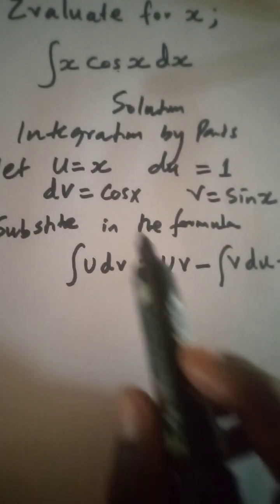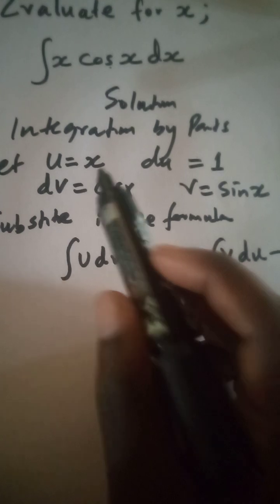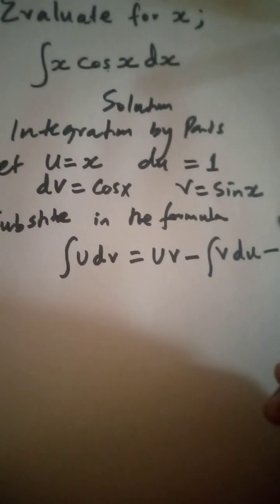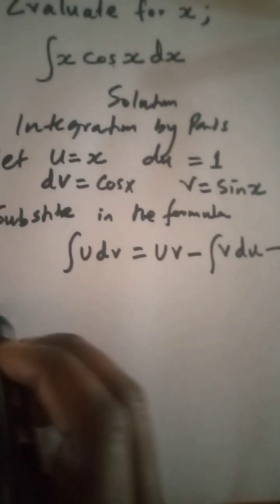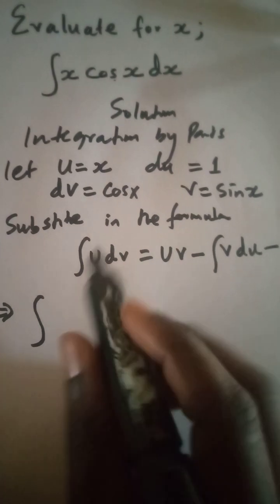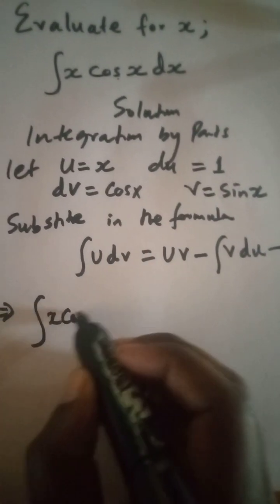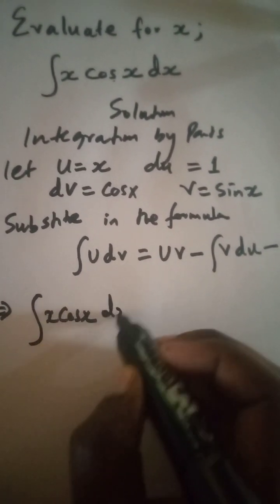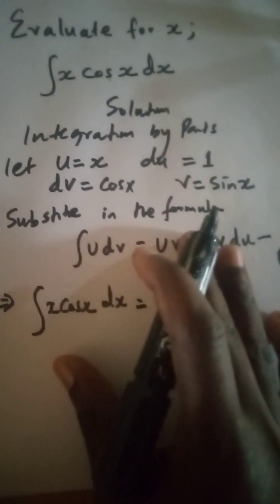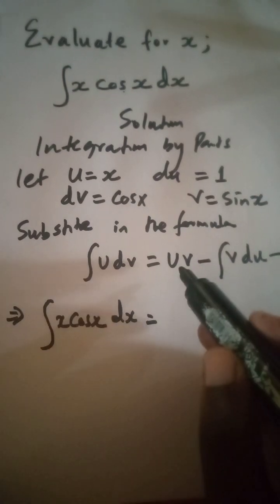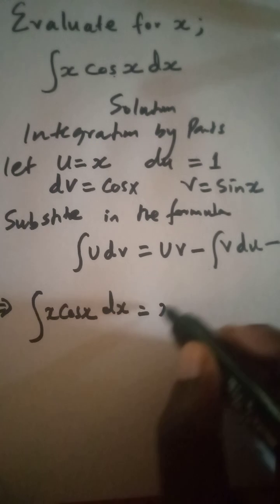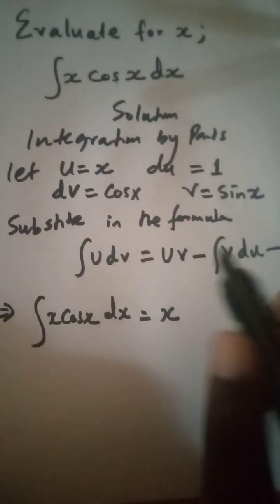So wherever I have u, I'll substitute this, and v, I'll put this, so that I have the integral of x cos x with respect to x is equal to u, I chose u as x, multiplied by v.